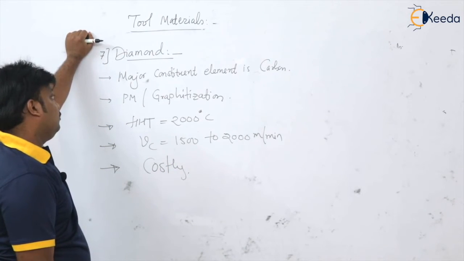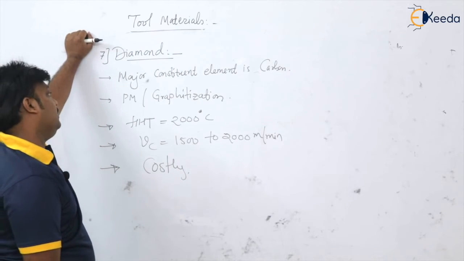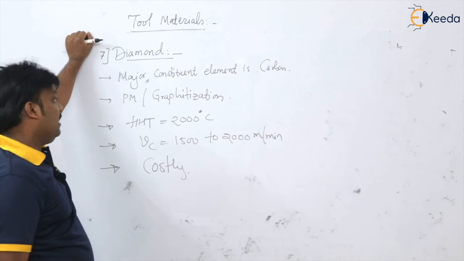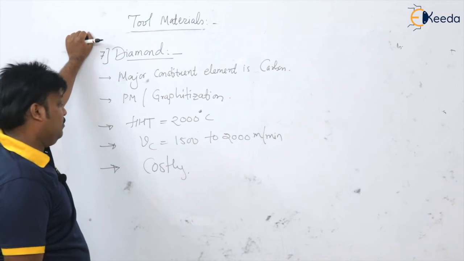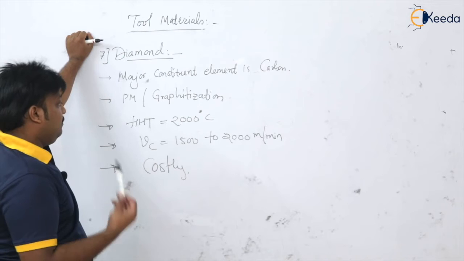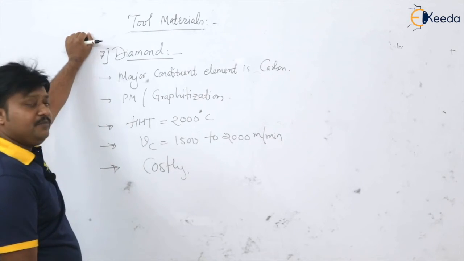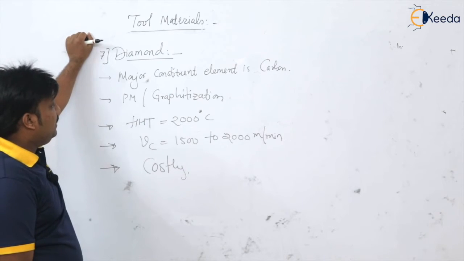So diamond is the hardest element known to us, with carbon as the major constituent, made by powder metallurgy or graphitization, hot hardness around 2000 degrees centigrade, cutting speed 1500 to 2000 meters per minute.